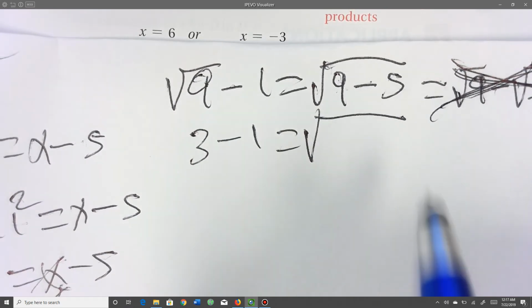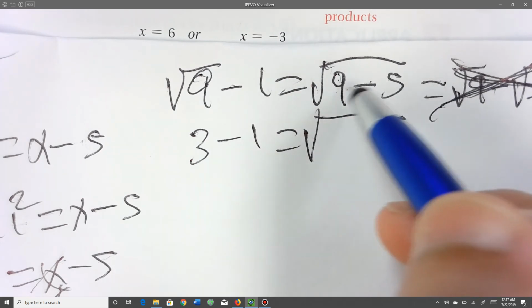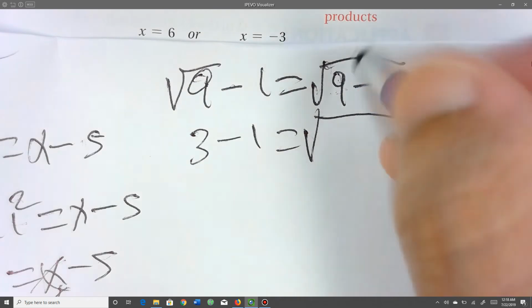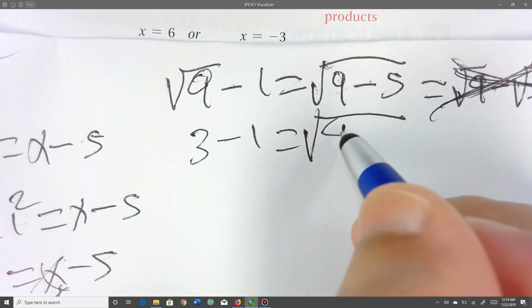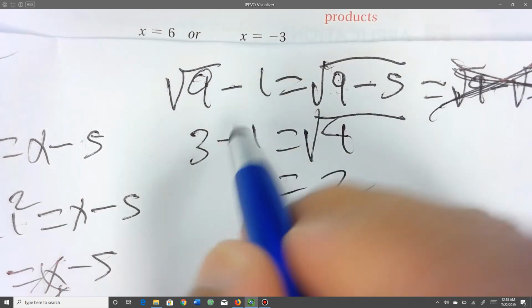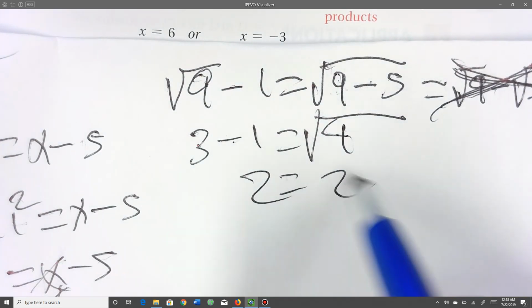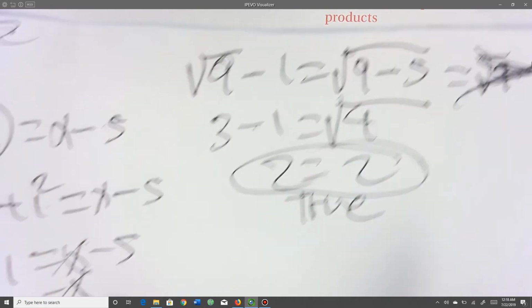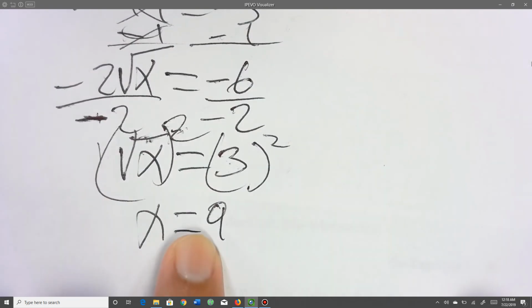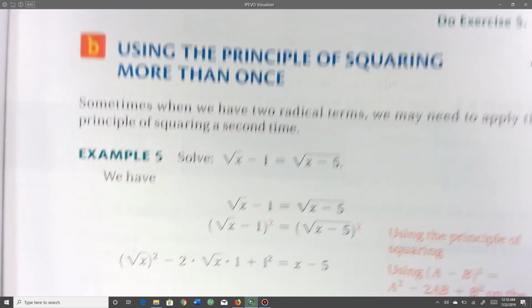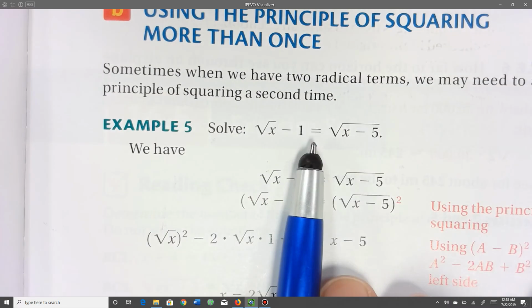We're adding here, so we need to add them first. 9 minus 5 is 4. 4 is a perfect square, so the answer is 2 there. 3 minus 1 is 2. So that's a true statement. Therefore, x equals 9 is a solution of this equation.